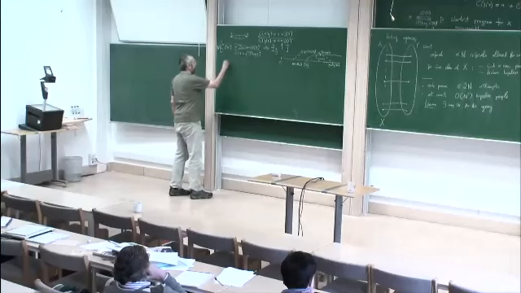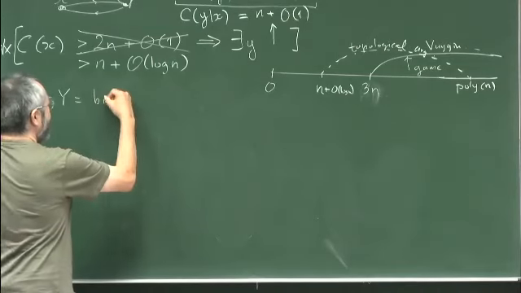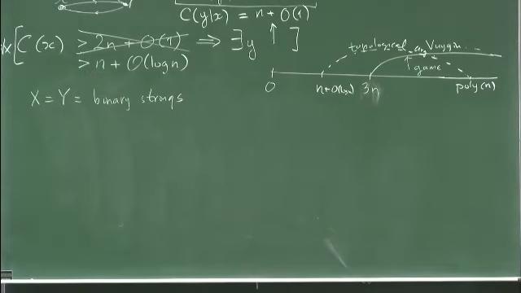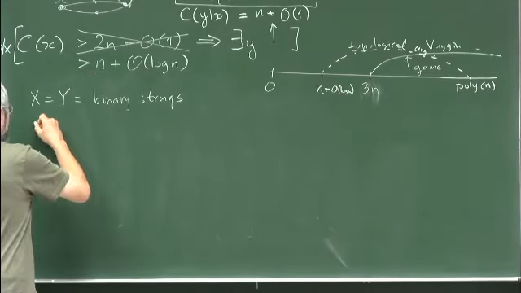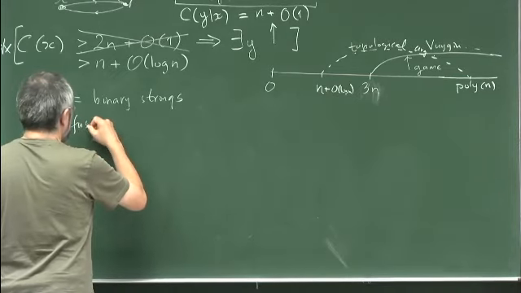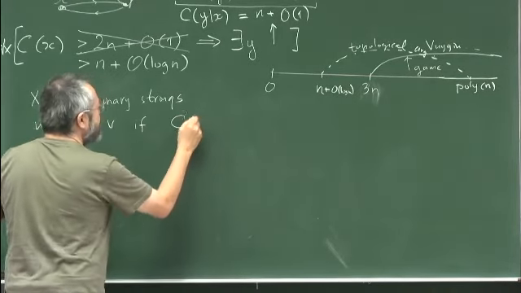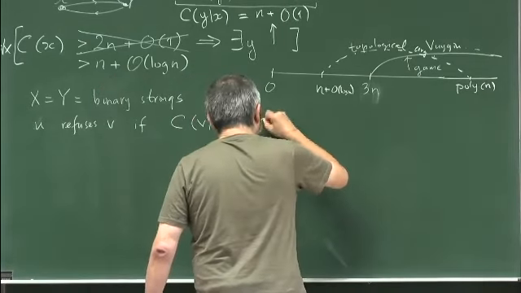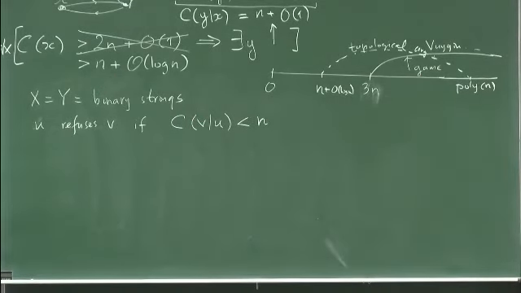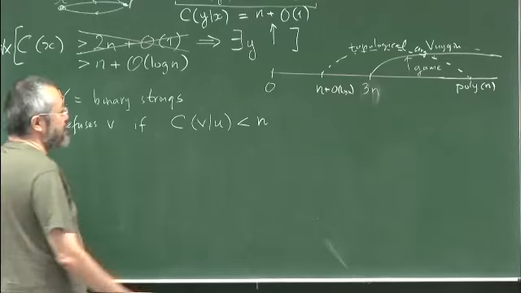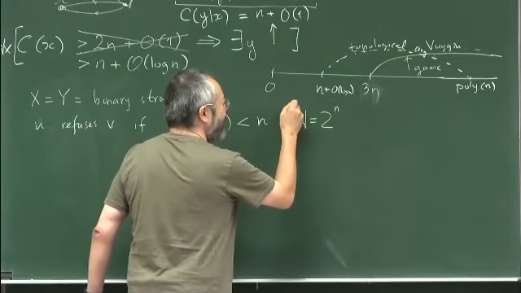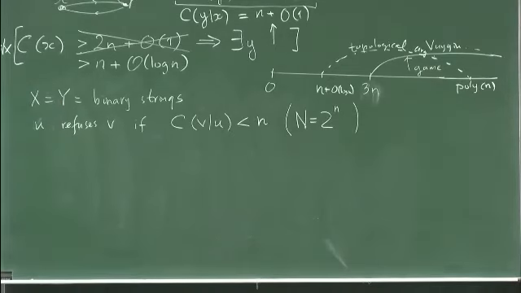So x and y are binary strings. And x, u refuses v if the complexity of v given u is less than n. And each person then can refuse at most 2 to the n elements.